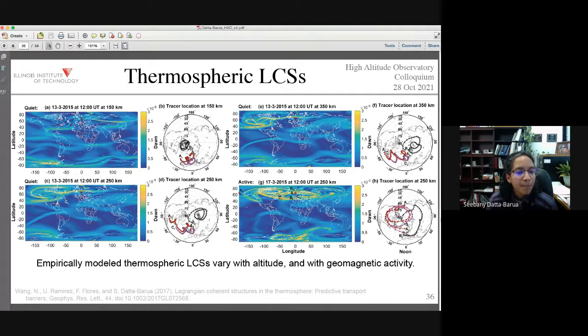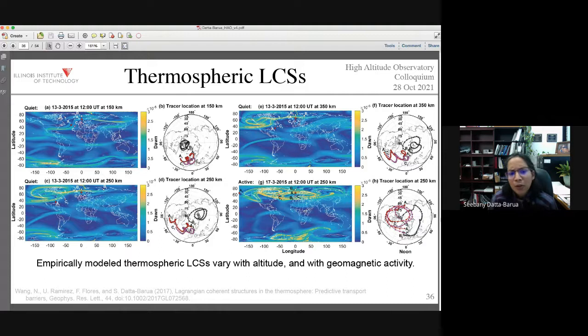So for 250 kilometers, we contrast this quiet day on the left with an active day, a geomagnetically active day on the right. And you can see that with the occurrence of geomagnetic activity, there is a lot more structuring to the neutral thermosphere's flow structure.